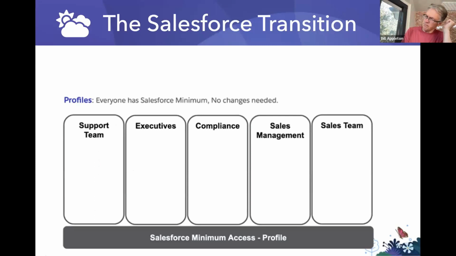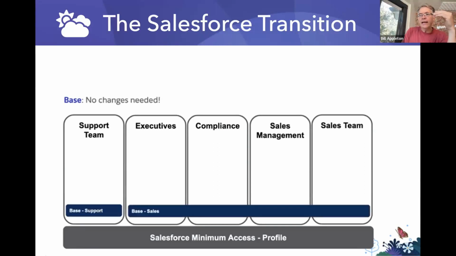So down here at the bottom, you'd have your minimum access profile. And then you see we have 5 columns here. And those would be essentially the new profiles constructed out of permission set groups. So you would have all your support team in one group, executives in another group, and so on and so forth. These would be 5 permission set groups. And everyone in this picture has the same minimum access profile.